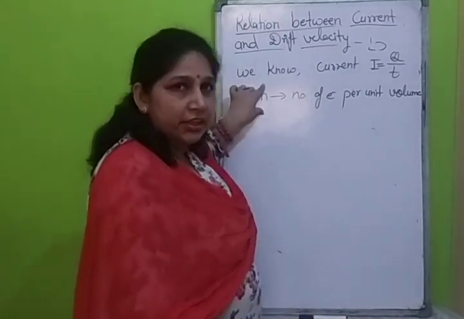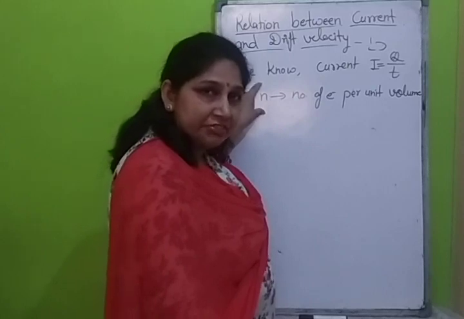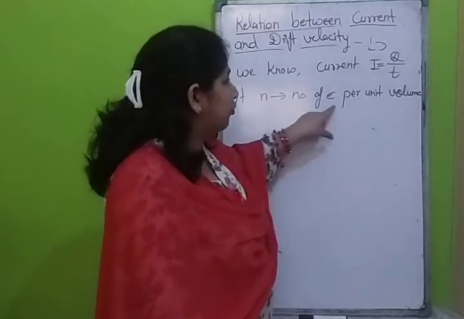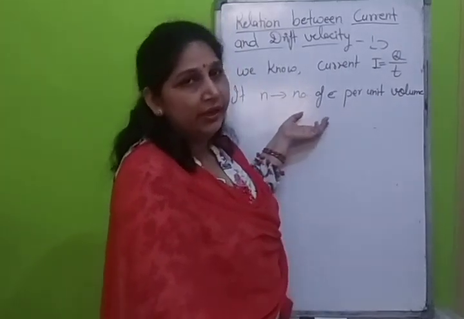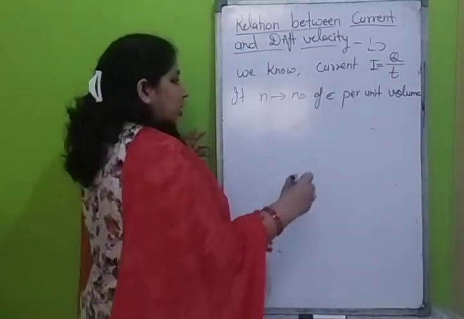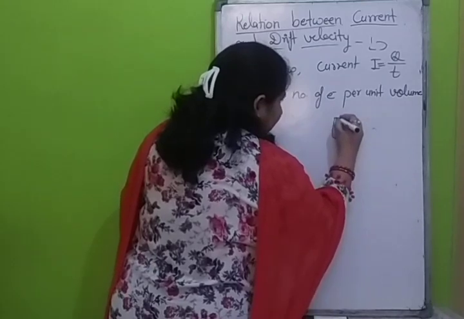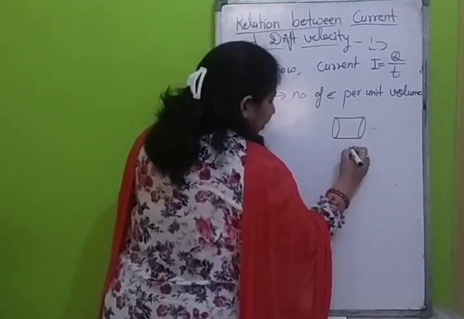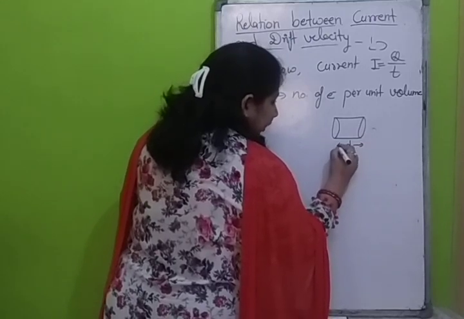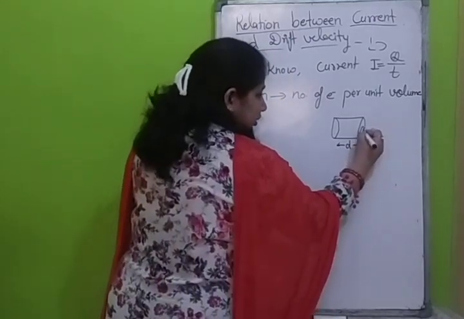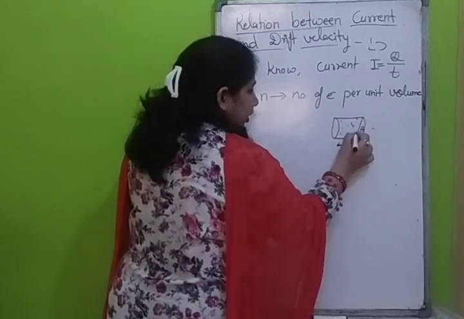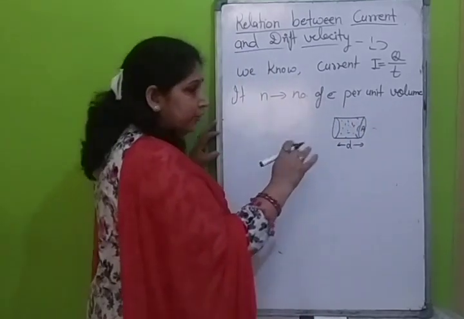This is the characteristic which is different for different material. In different material, number of electron per unit volume definitely will be different. Got it? Now, we will consider a conductor of length small d, cross section area A, and here will be some free electrons which are drifting.